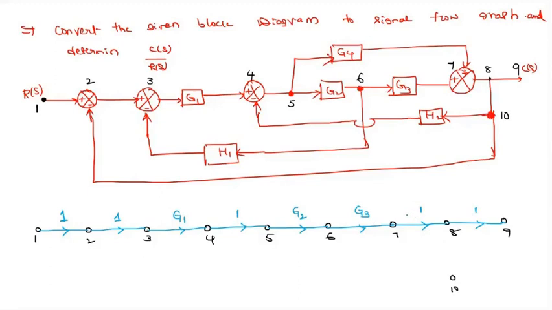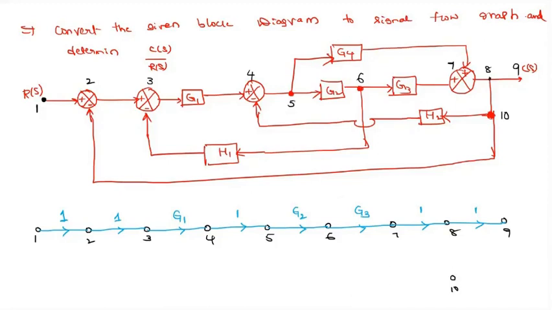After that, the feed forward path. A feed forward path also indicates flow of direction from input to output by some other route, not the main path.